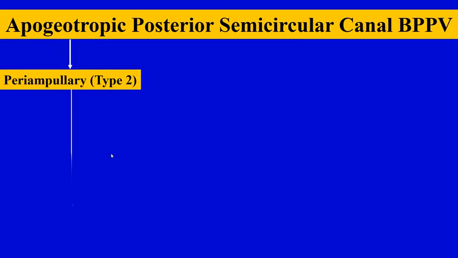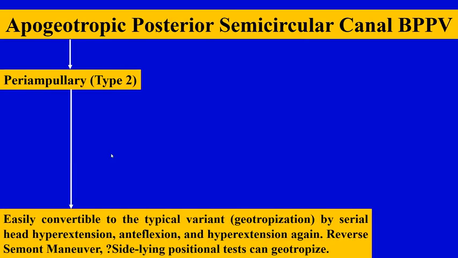So in apogeotropic posterior semicircular canal BPPV, the latest variant is the periampullary type 2 variant, which is easily transformable to the typical variant, geotropization, by serial head hyperextension, antiflexion, and hyperextension again.